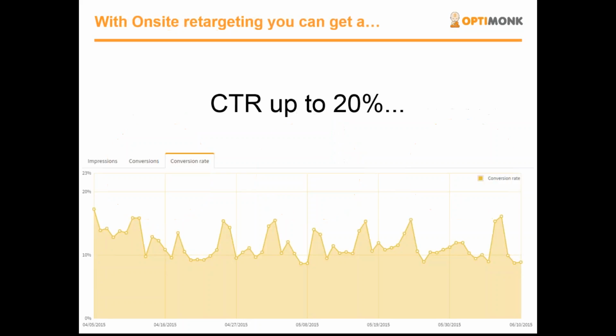Actually, the click-through rates of these on-site retargeting campaigns can go up to 20%, meaning that if you show your messages to 100 people, up to 20 will respond or engage or fill out the form, whatever your message will be.